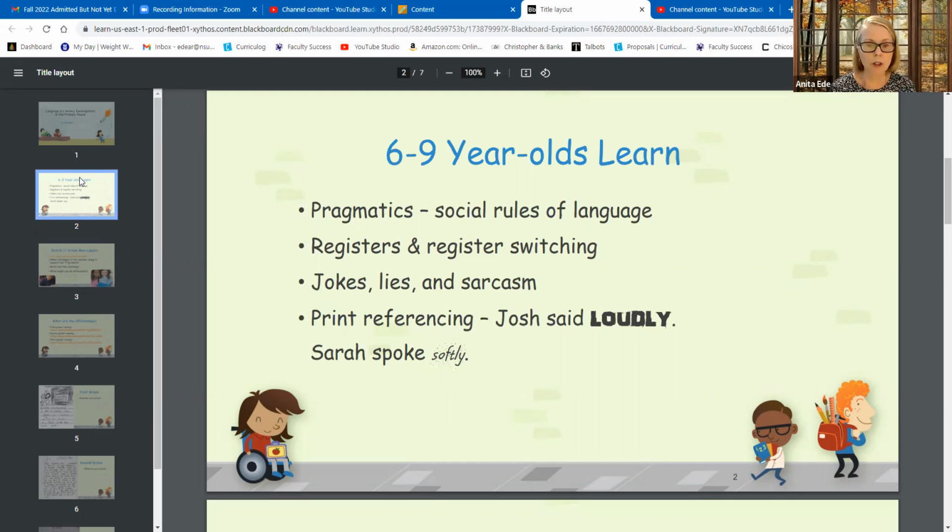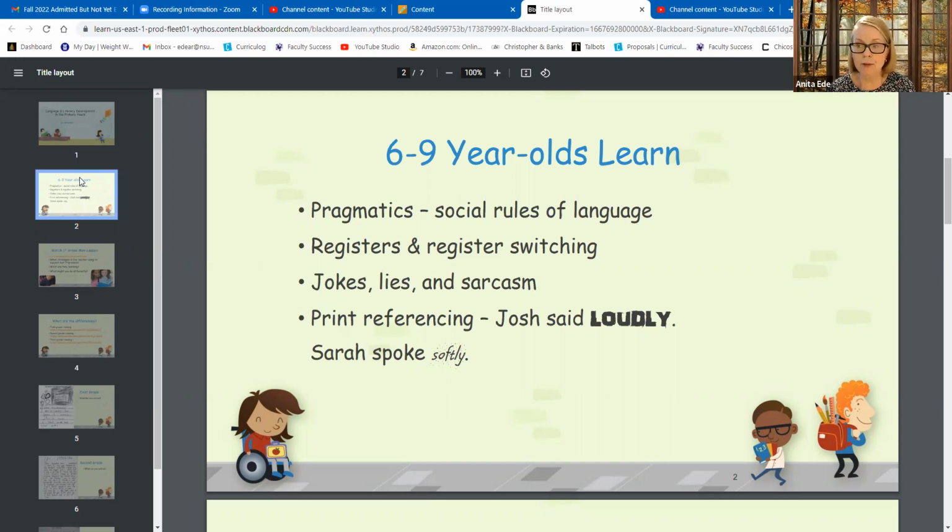The other thing I want you to pay close attention to is registers and register switching. A register is the format that you use to talk. For instance, when you speak to your best friend, you will speak in a different way than you speak to your doctor, or than you speak to your boss.